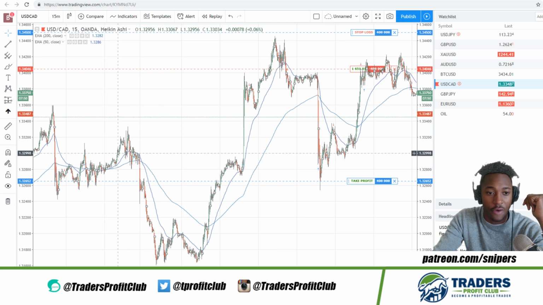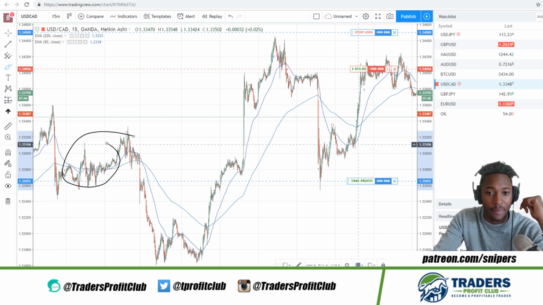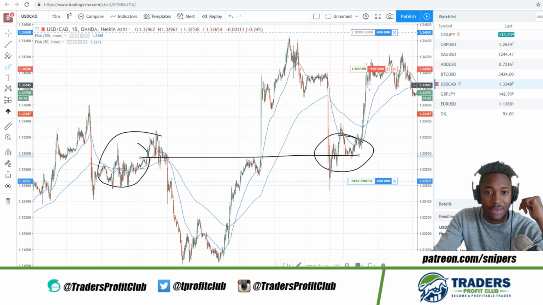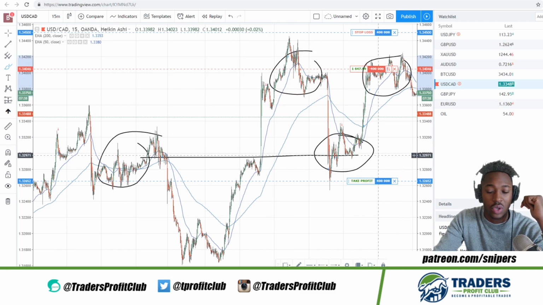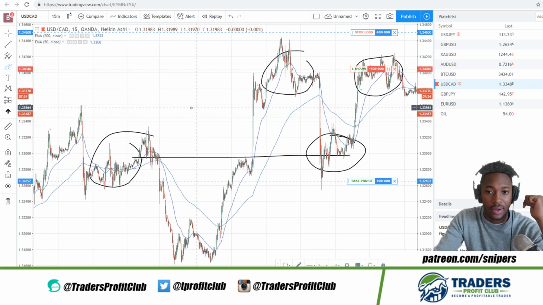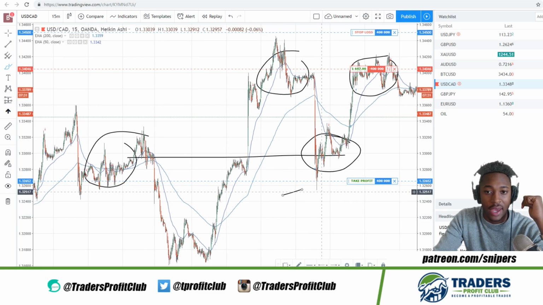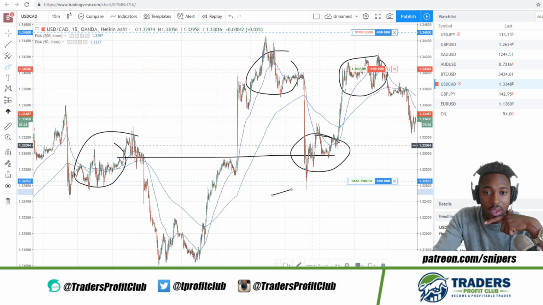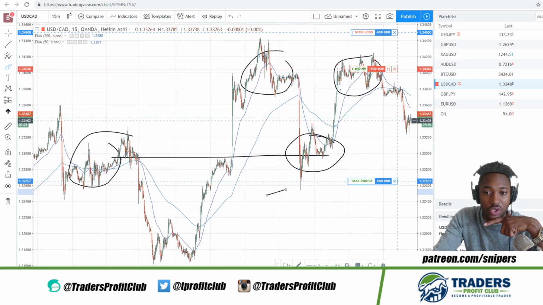Like we talked about, confirmation: where the market likes to break out, it loves to retest. So the market breaks, retests that same level, and then tries to retest it once again. Once we saw that area, we can see that price is going to move and test this level, and then we're going to see that retracement.